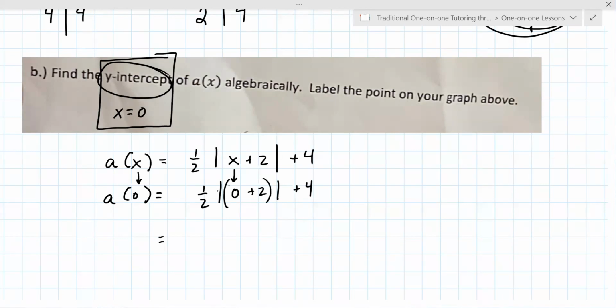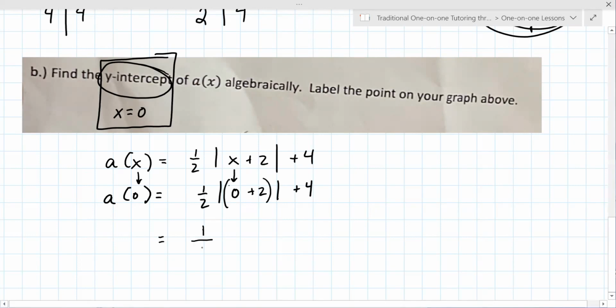Okay, let's go. What is 0 plus 2? Zero plus 2 is 2. That's right.